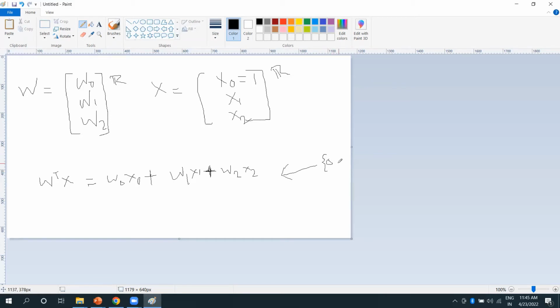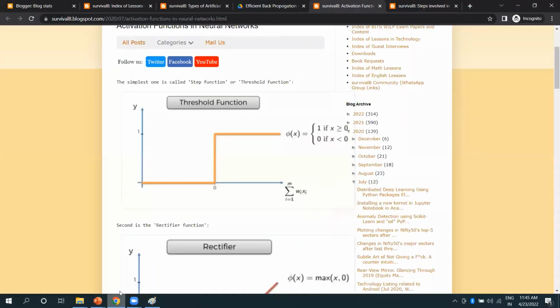Based on the values of the weight vector and the input, it may or may not be. To make them equal to 0 or 1, if you have a step function or threshold function, you can easily convert.